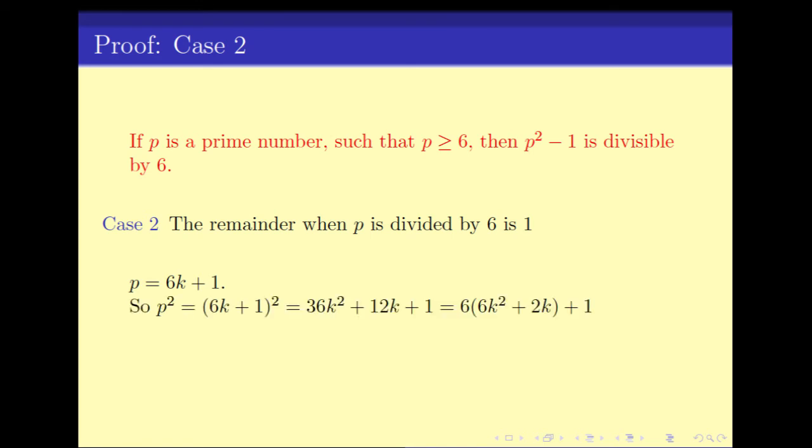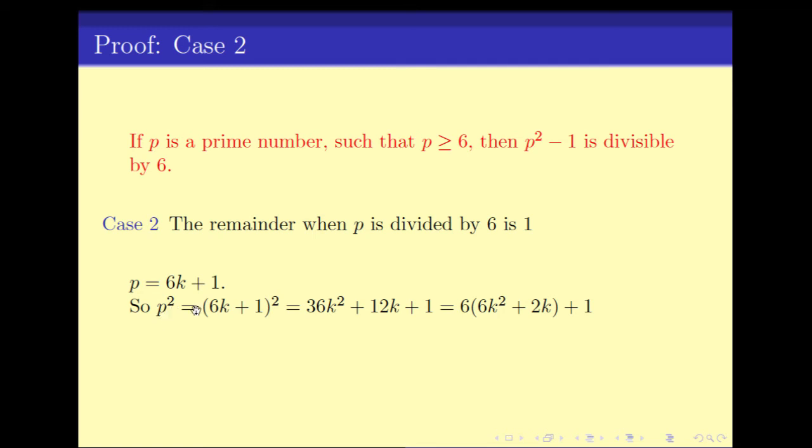So P square is, just square it up, 6k plus 1 whole square, which comes down to 36k square plus 12k plus 1, which is 6 times (6k square plus 2k) plus 1. Now you might ask, why do I split it up like this? Note what is the problem we have to do: we have to prove that P square minus 1 is divisible by 6.